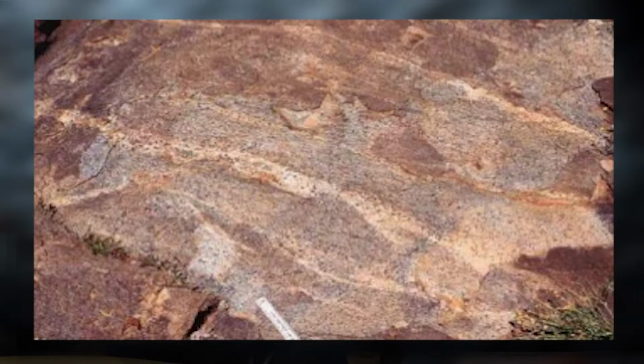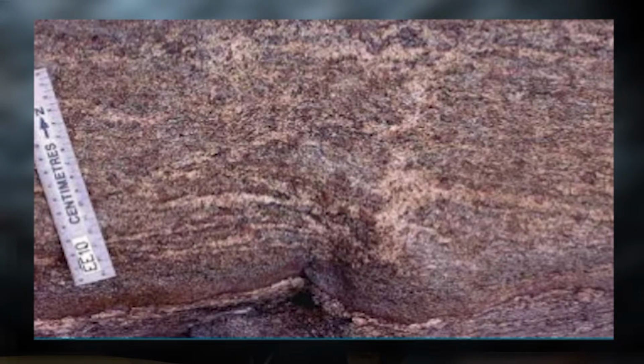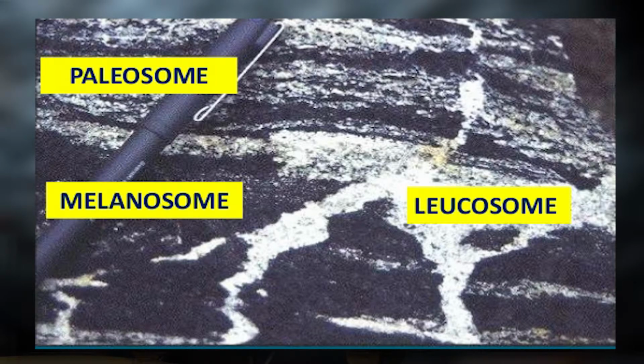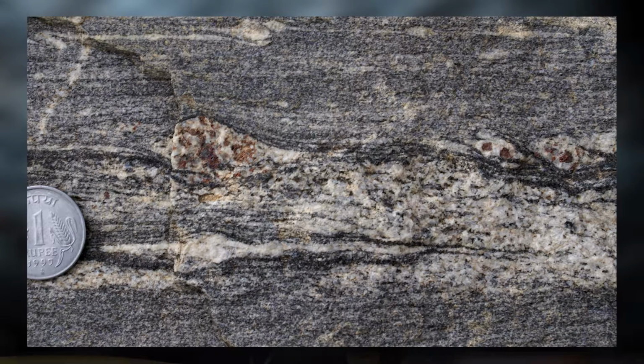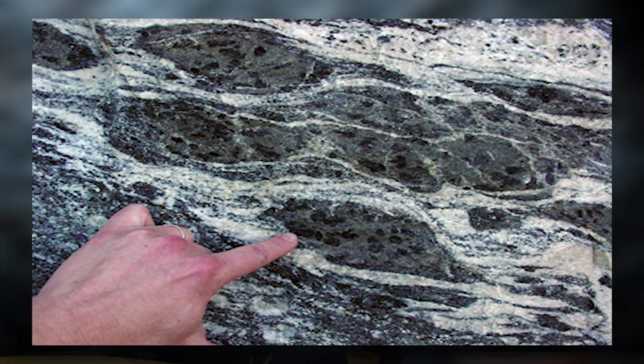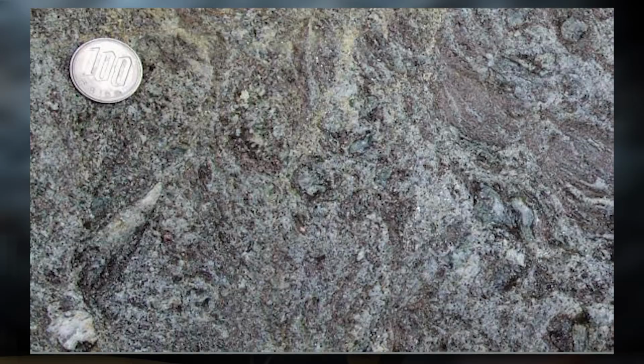Presence or absence of index minerals in melanosomes or paleosomes, the dark colored layer, lets us also classify migmatites as garnet absent migmatites, garnet bearing migmatites, or cordierite, sillimanite migmatites, etc. Micas and amphiboles in these migmatites show preferred orientation, unlike those of the leucosomes.